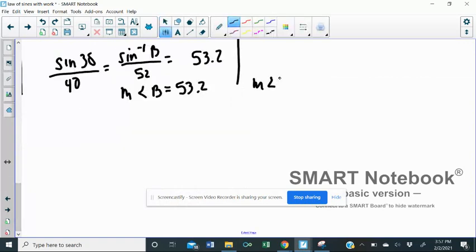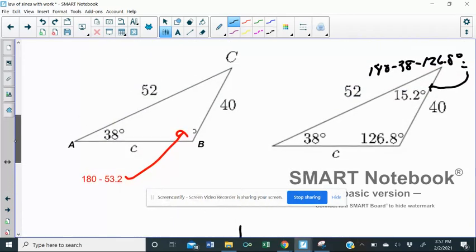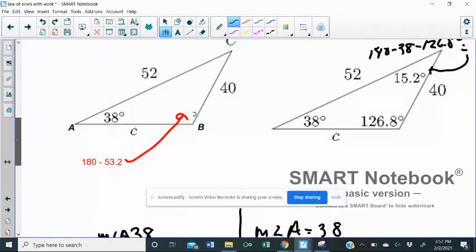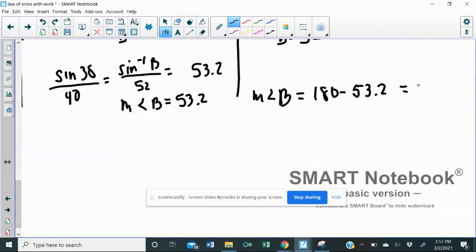The new measure of angle B is going to be 180 minus 53.2, all right? Giving us our 126.8, sorry. That's our new angle B.